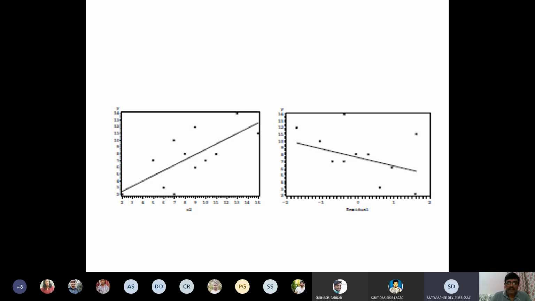If you decrease the pH, the phosphorus availability increases, or if you increase the pH, phosphorus availability decreases. Just to explain what negative correlation is: one variable is increasing, the other is decreasing. So this is negative correlation on the right side.